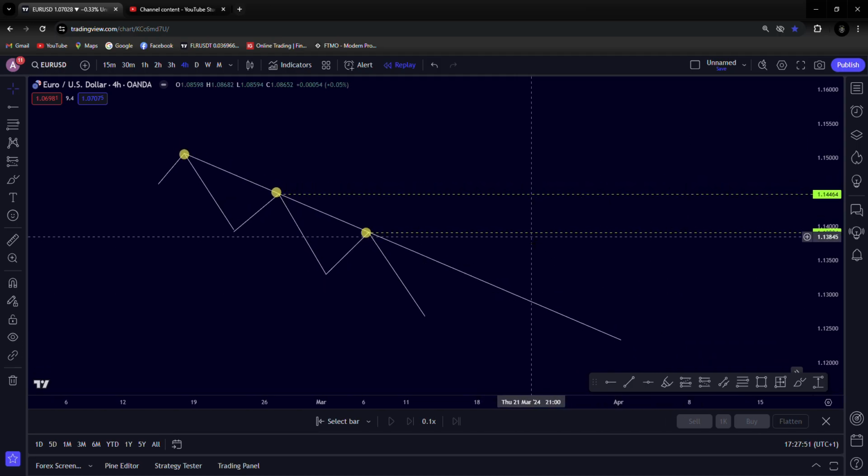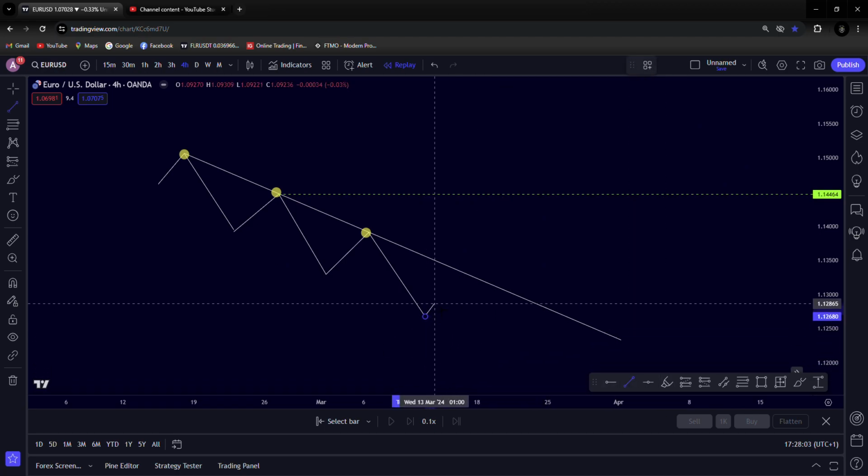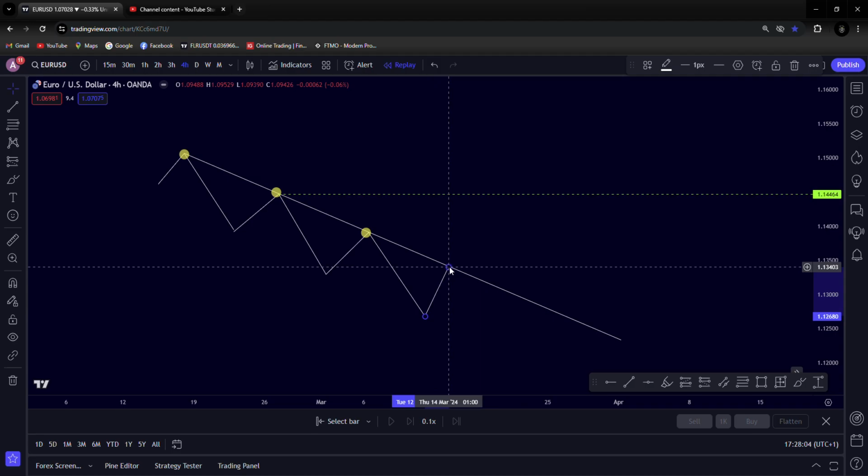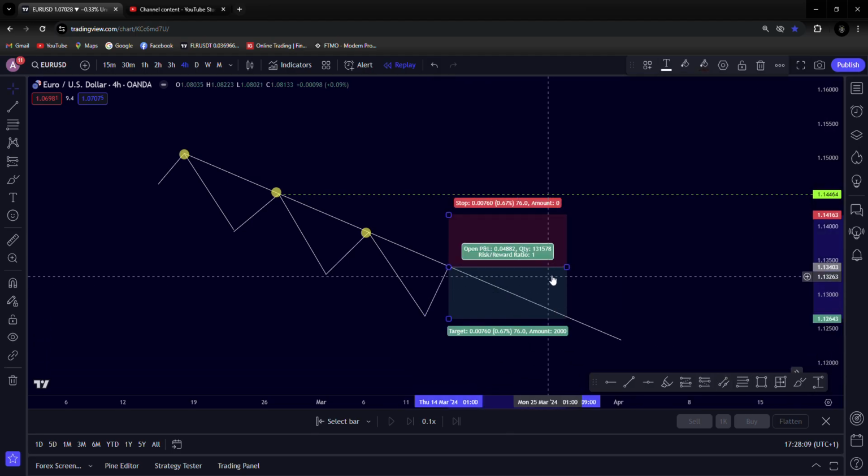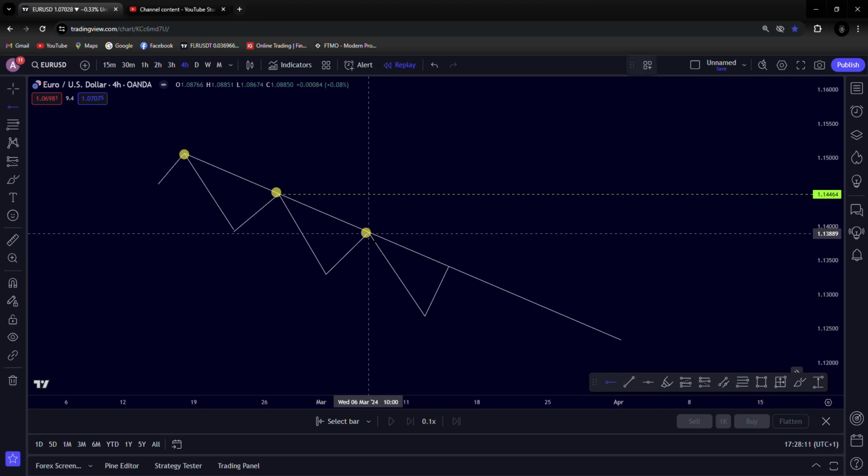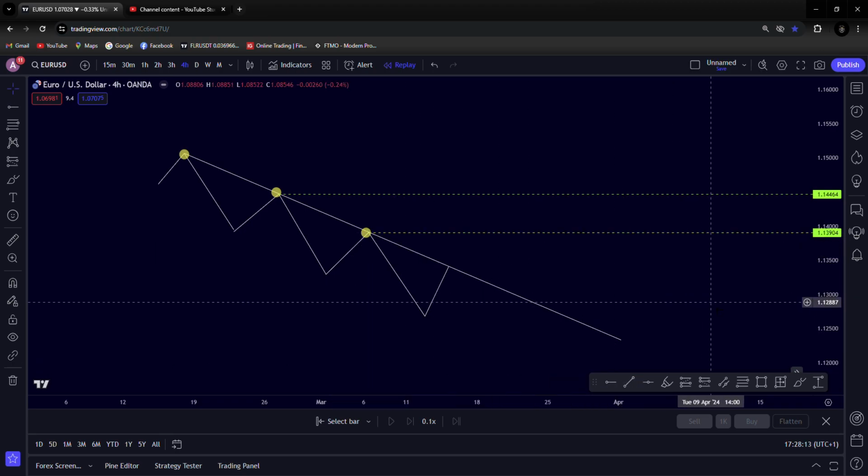Okay, so how do I take my own trades when I see a perfect trend line? For example, if I see the chart coming on the top, I'm never going to short on the trend line over here, because I know on this third point it's loads of liquidity.